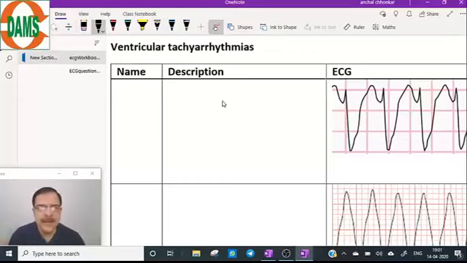Starting with ventricle tachyarrhythmia, again we can make a three column table: the name of the ventricle tachyarrhythmia, its description, and the ECG manifestations.